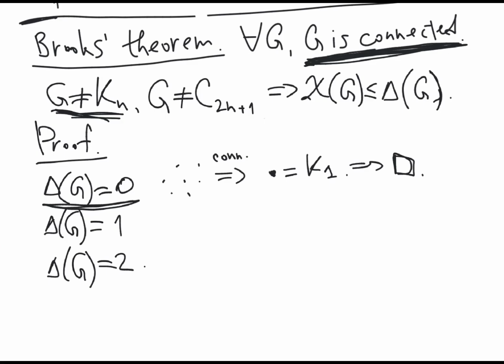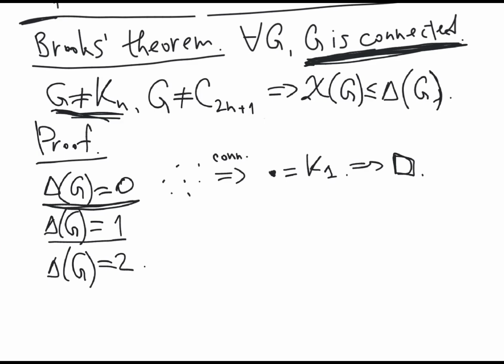Then the case of maximum degree equal to 1. This means that the degrees of all vertices are either 0 or 1.